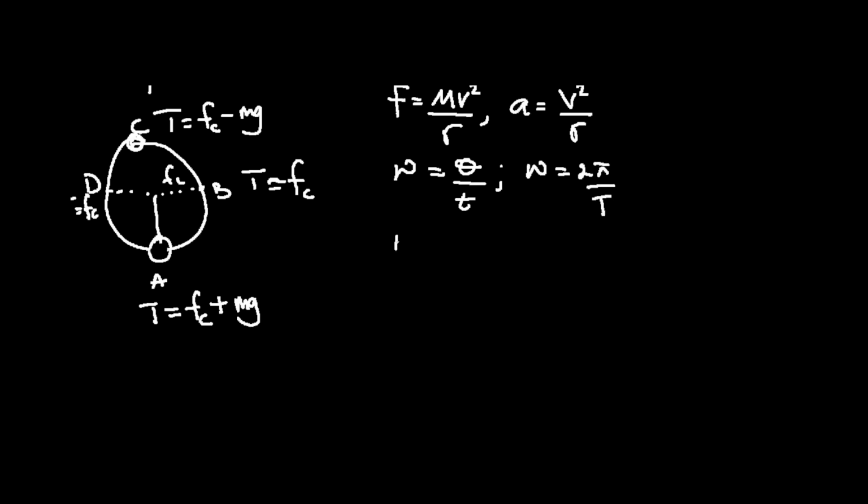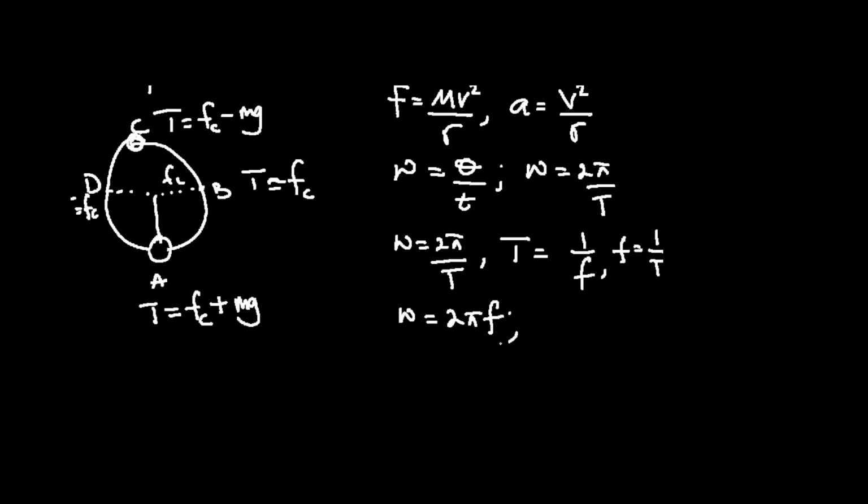So we have that omega equals 2 pi over T, and you know that T itself is equal to 1 over frequency, and frequency is also 1 over T. For that reason, you can say omega is 2 pi f.